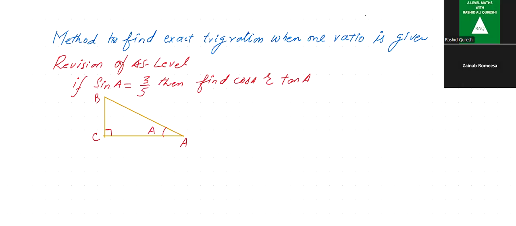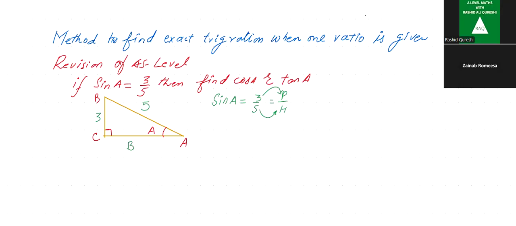Sine of angle A in this case is equal to perpendicular upon hypotenuse, which is 3 by 5. So this 3 is the perpendicular, and this 5 is the hypotenuse, the longest side of the triangle. When we use the Pythagoras theorem, we have to find the base of this triangle.